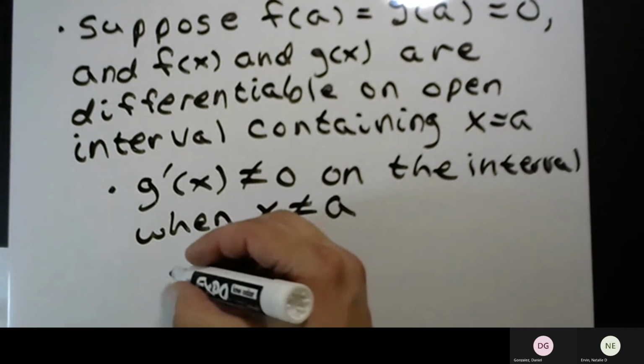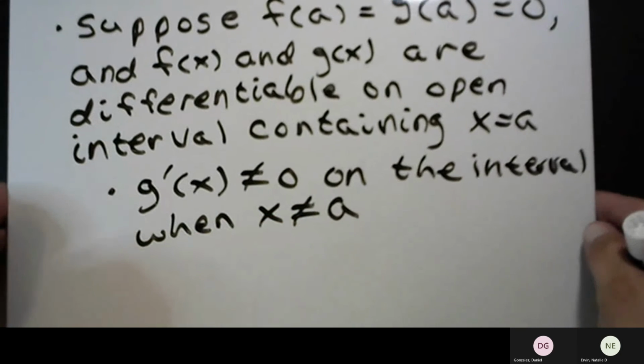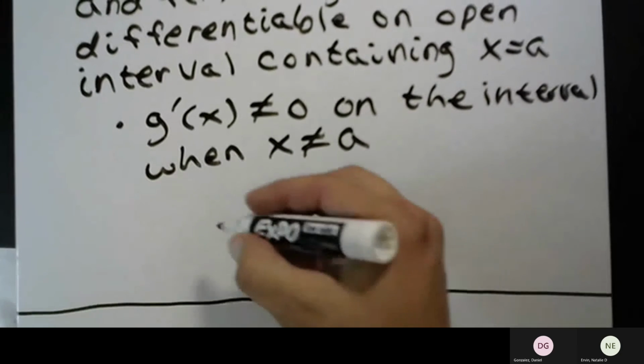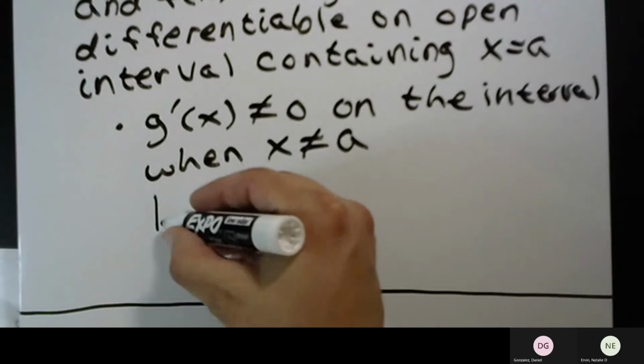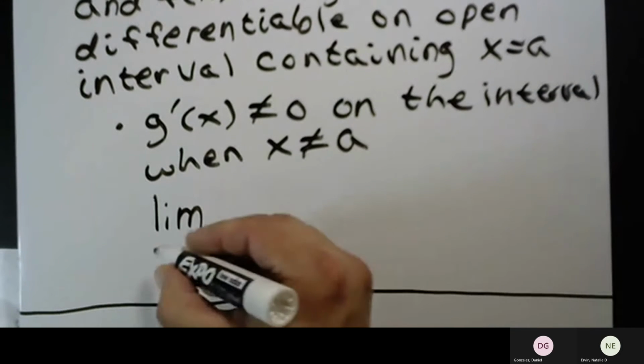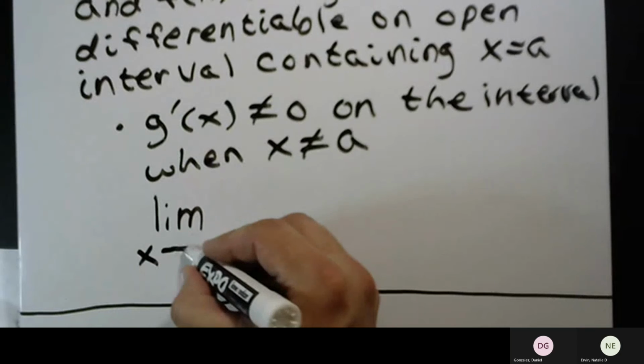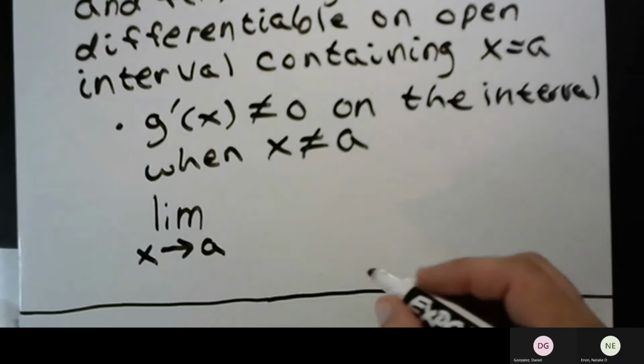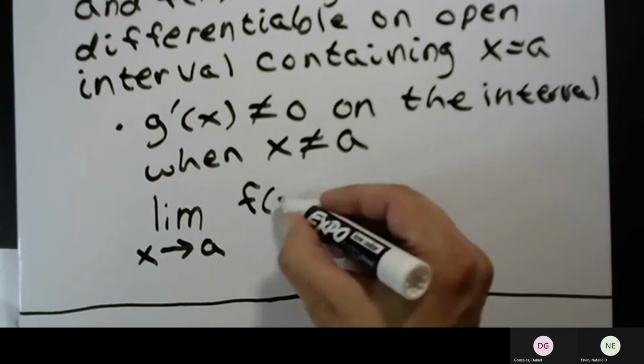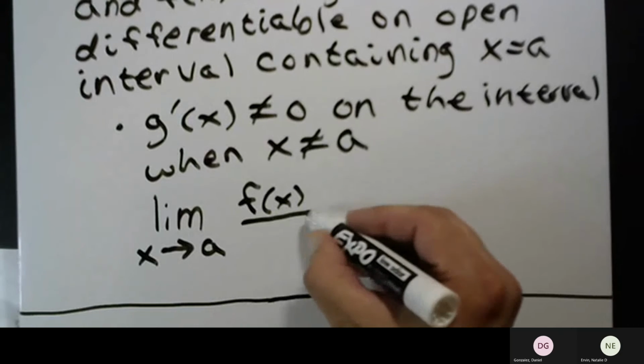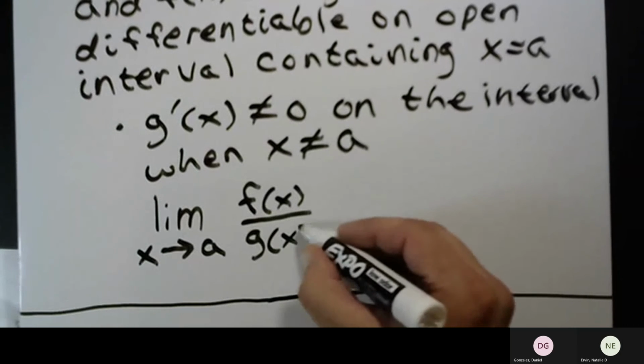So what we're going to have is this: the limit as x approaches a of f of x over g of x.